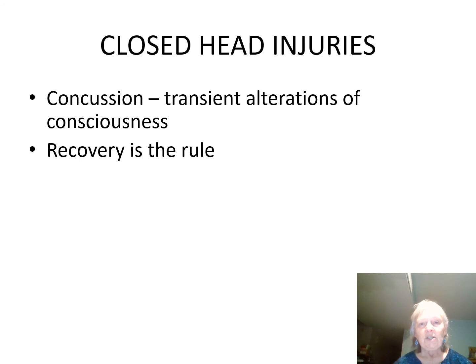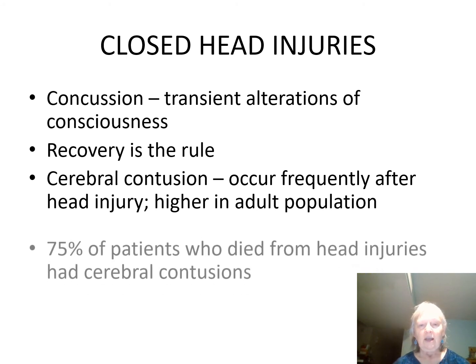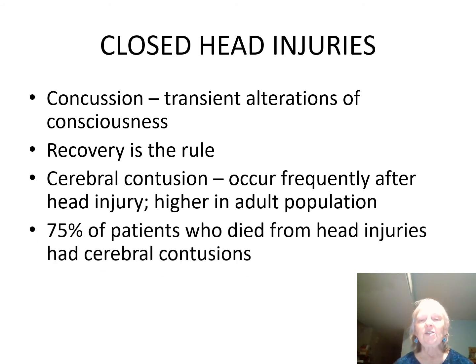Cerebral contusions, though, that's something else. We see this with some of our older adults. And 75% of patients who die from head injuries had cerebral contusions. And these occur normally after head injury. Okay. We don't normally see contusions in children, but we do see the concussions.